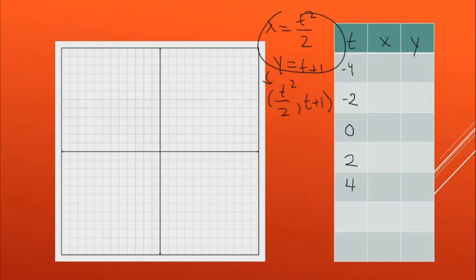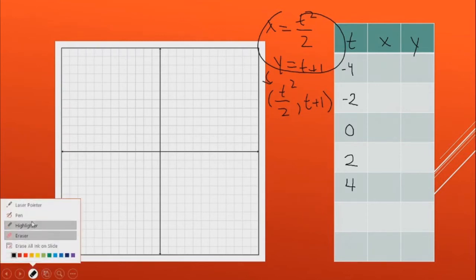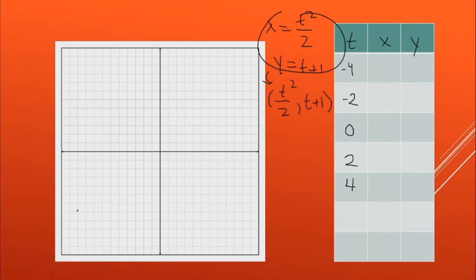So when t is equal to -4, x is equal to -4 squared over 2. What is -4 squared? Well, that's -4 times -4, which gives us a positive 16. 16 divided by 2 gives us 8. So when t is equal to -4, x is equal to 8.